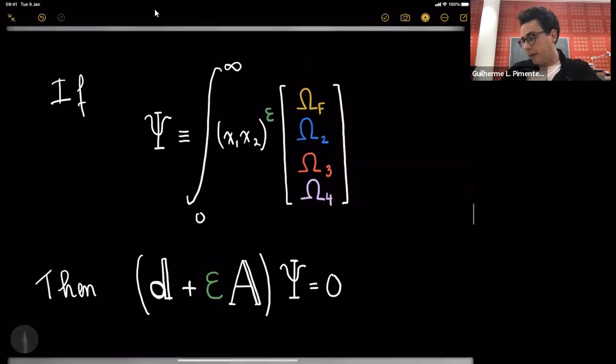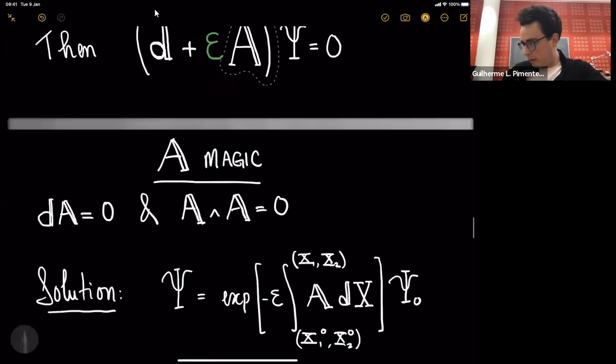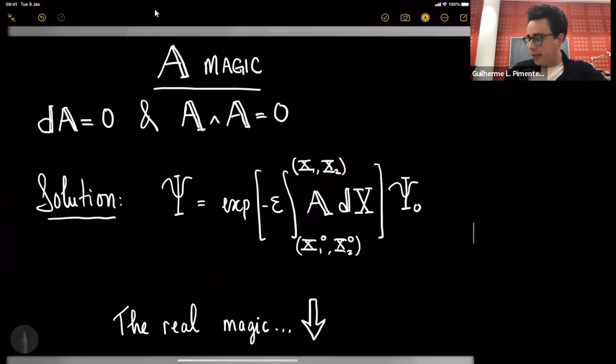Very good. So now we traded all the dynamics of time evolution for this matrix A. This matrix A is really a magical thing. So first, the magic is that because it's proportional to epsilon, there are integrability conditions that this A must satisfy. In particular, it's flat and it squares to 0.